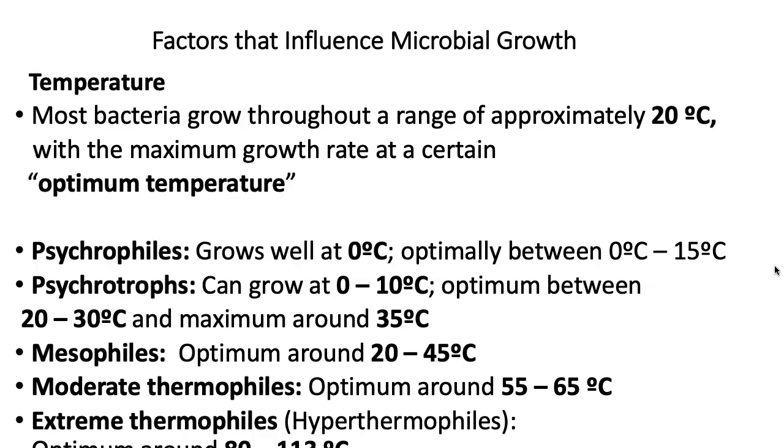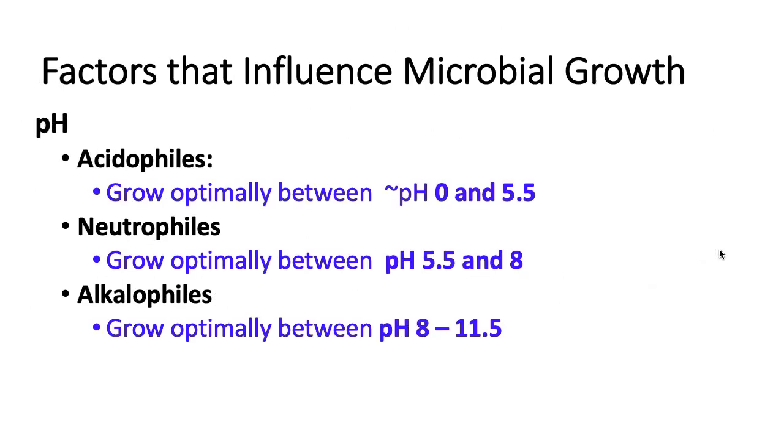Mesophiles also grow at optimum temperatures around 20 to 45 degrees Celsius. Then we have the moderate thermophiles that grow between 55 to 65 degrees Celsius, and then the extreme thermophiles, the hyperthermophiles, that need elevated temperatures of between 80 to 113 degrees Celsius.